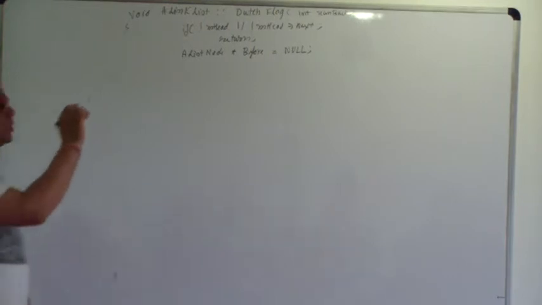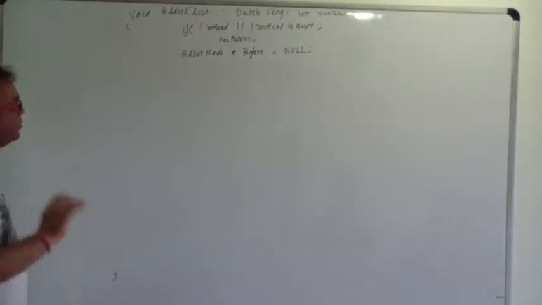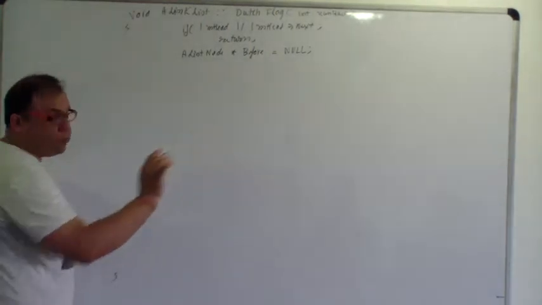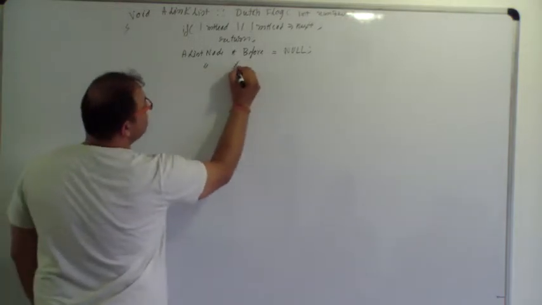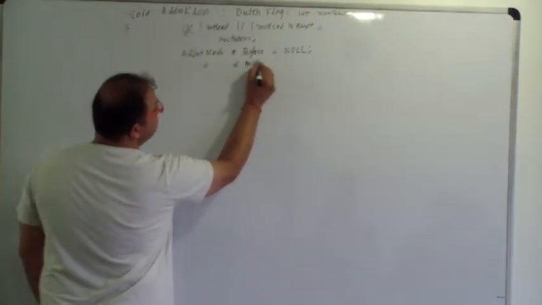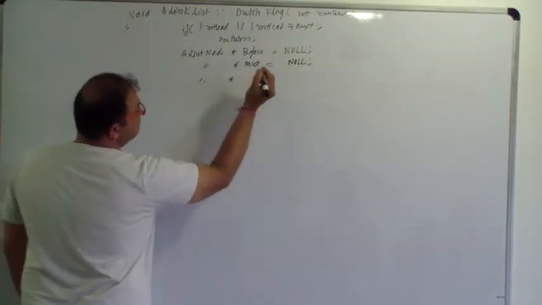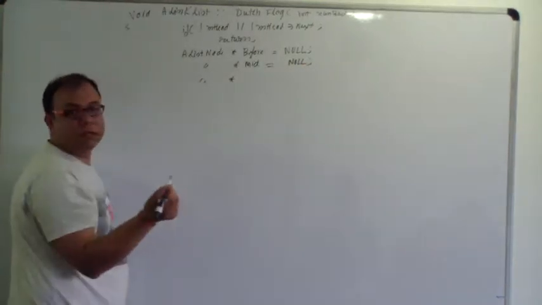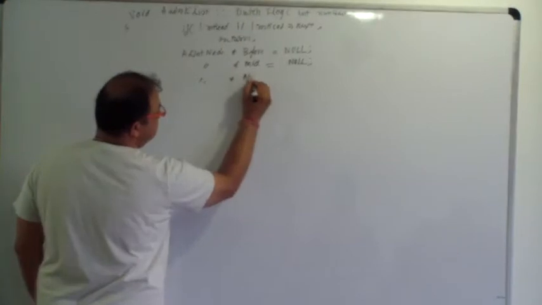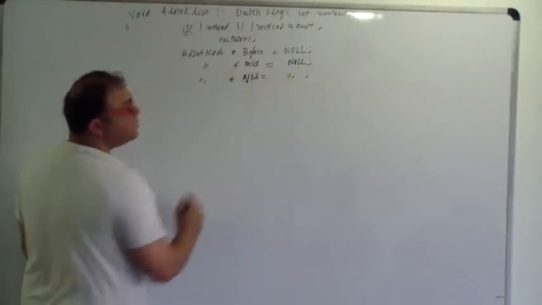I'll change the solution so that it will be scalable to that level. Okay, star node before is equal to null, a list node star mid is equal to null, before, mid and after is equal to null.